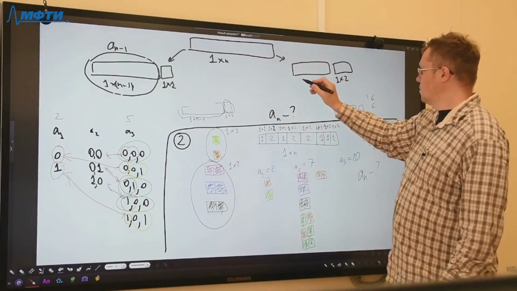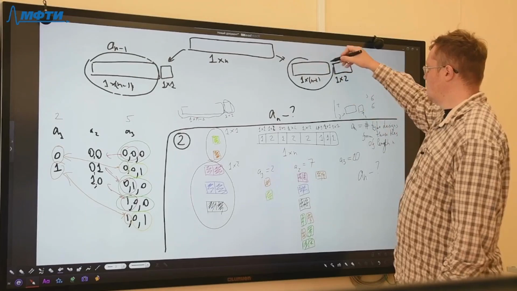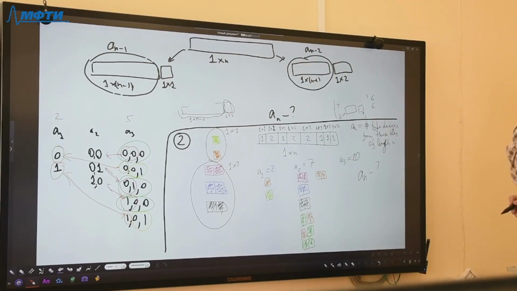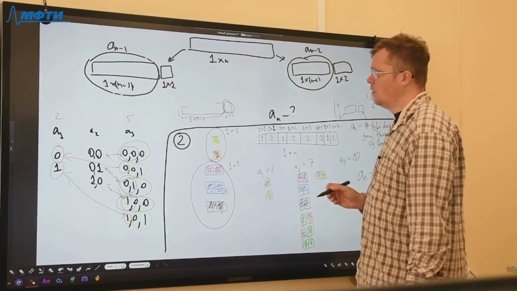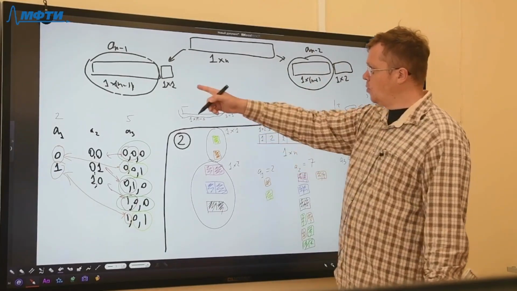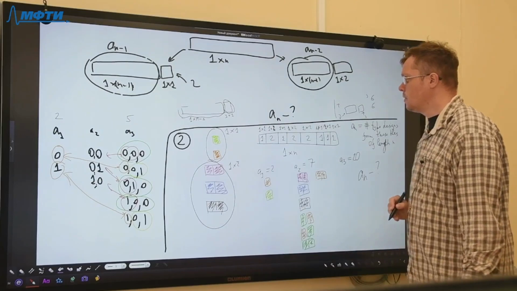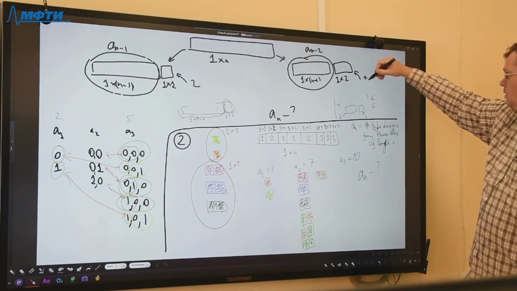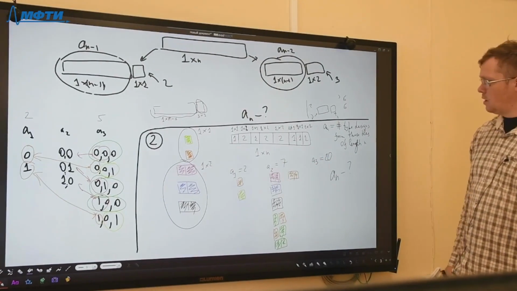And the number of these is a_{n-2}. So we have two possible options for 1 times 1 tiles and three possible options for this type, the type of 1 times 2.